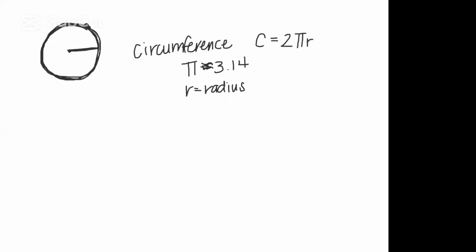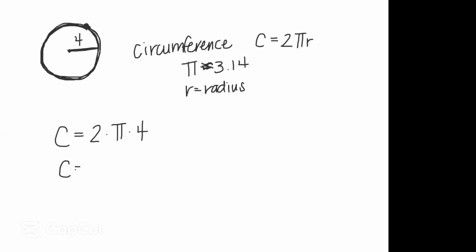All right. So now, how do we find circumference? If we're given, for example, the radius is 4, circumference would be 2 times pi times the radius, which is 4.